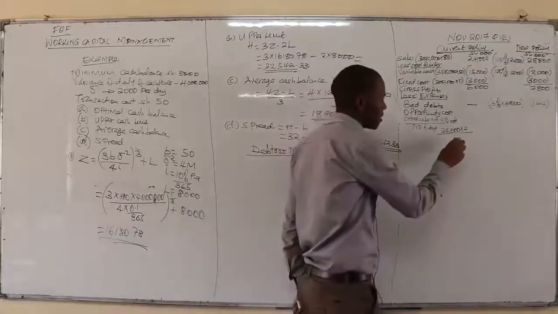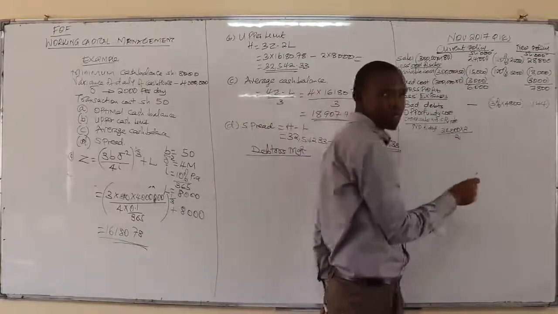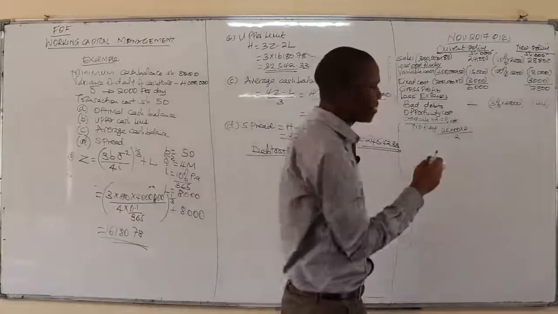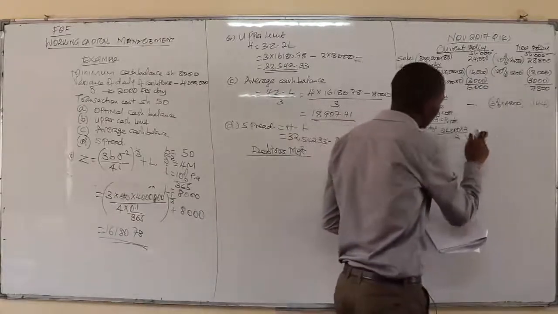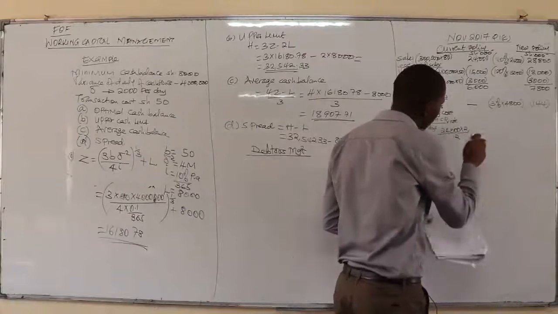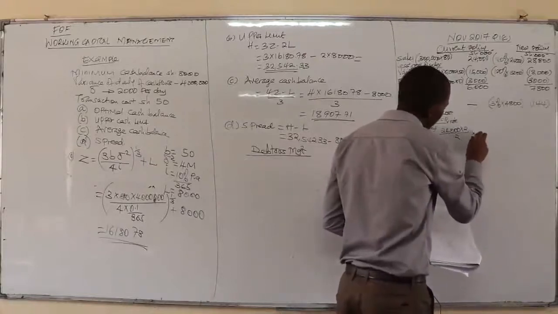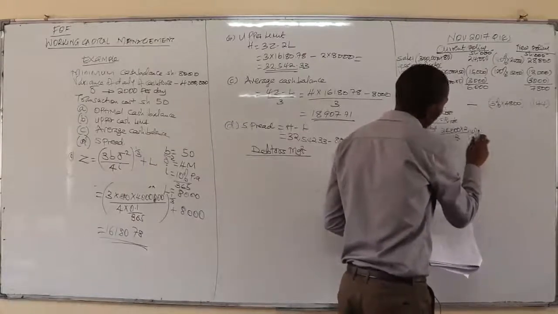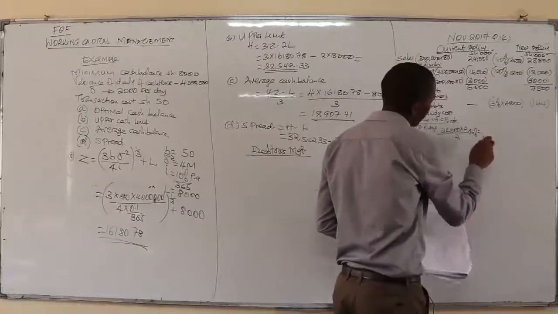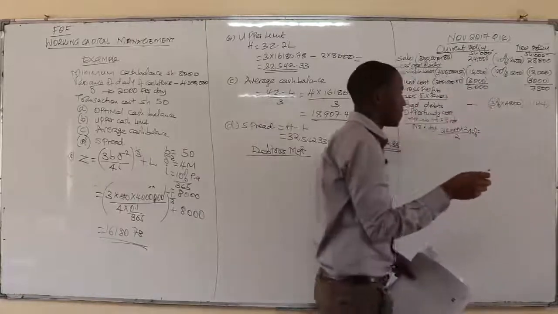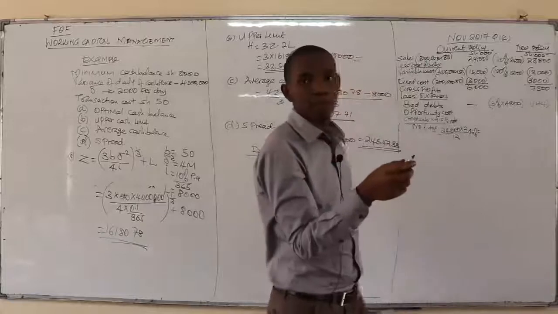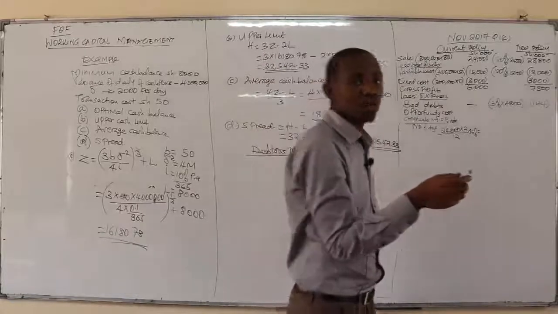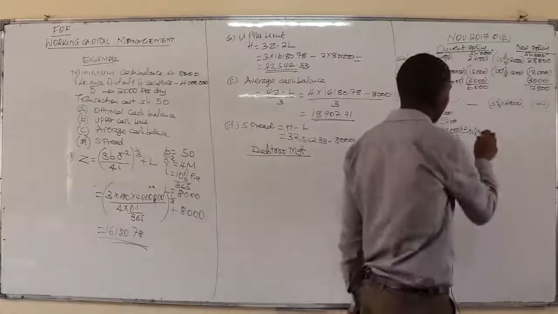Which is how much? 12. After you get that, you multiply by the rate of return, which was 16%. So it will give you how much? 640.